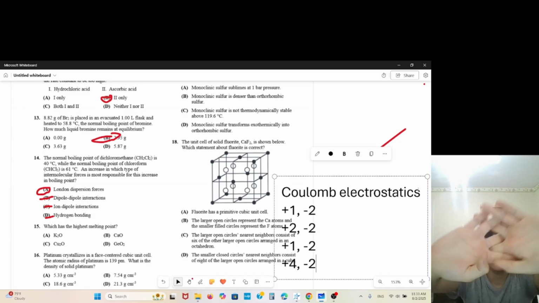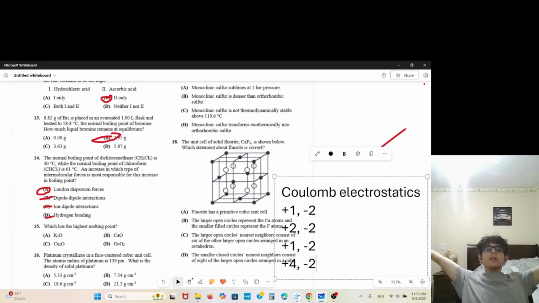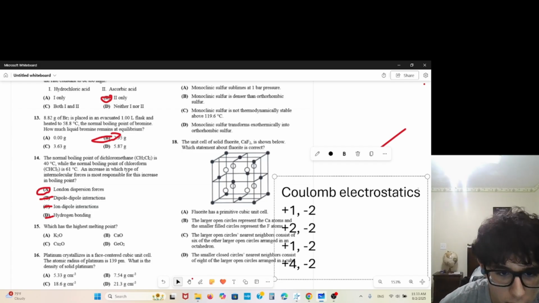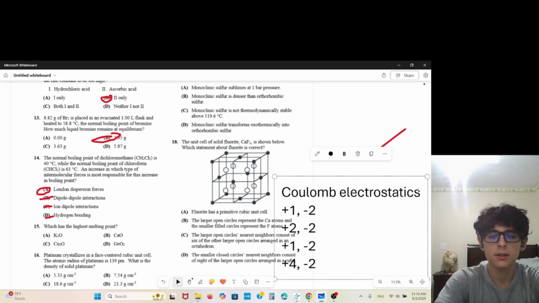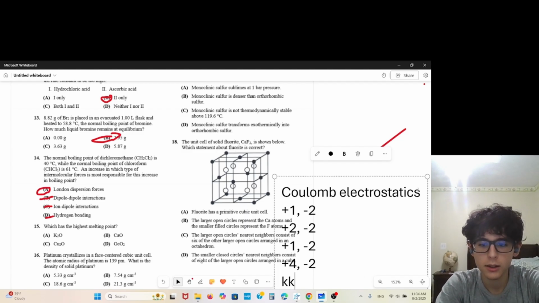Ge is larger than Ca, but remember, charge trumps size. So even though Ge is larger and there's going to be weaker attraction, because it's k q1 q2 over r squared.